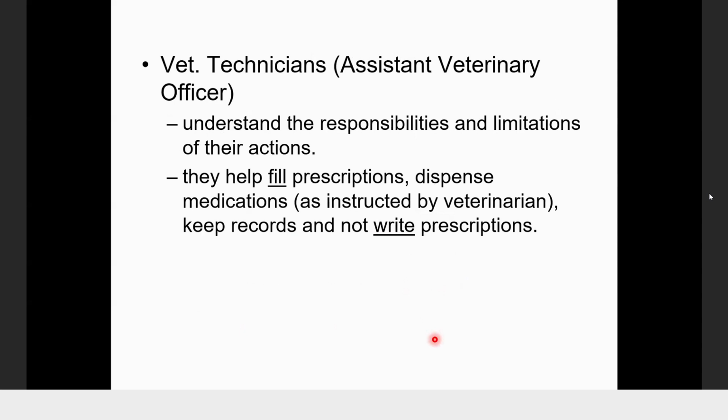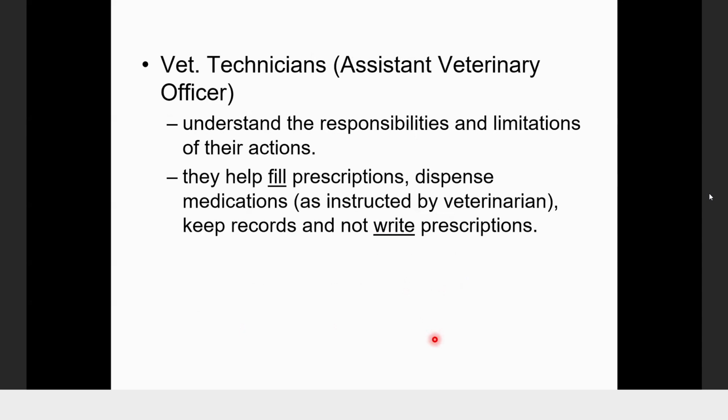Usually in our hospital, UVH, the person who writes the prescription is a veterinary officer. But dispensing at the moment is by a pharmacist, or if the pharmacist is not available, an assistant veterinary officer, AVO.